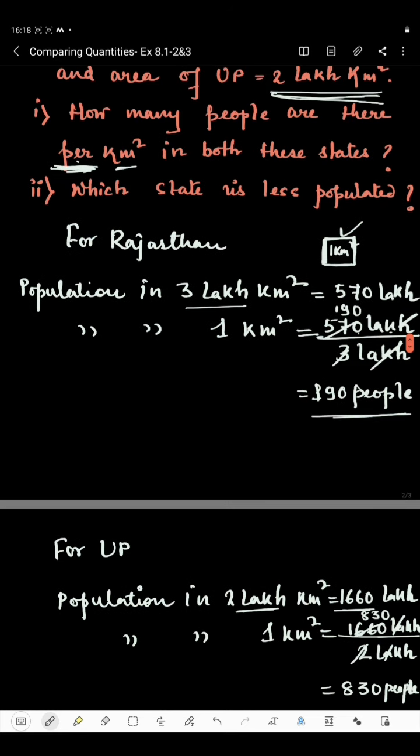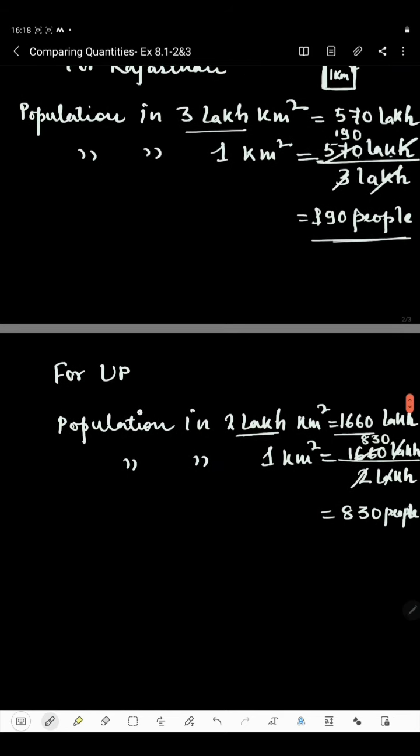Now in the next part we have to find which state is less populated. Here we have got that in 1 kilometer square, that is in this area, 190 people are there in Rajasthan. And in the same area of 1 kilometer square, 830 people are there in UP.